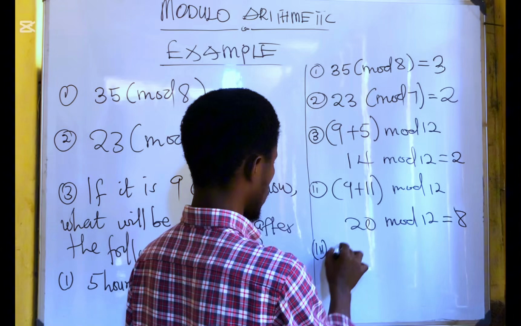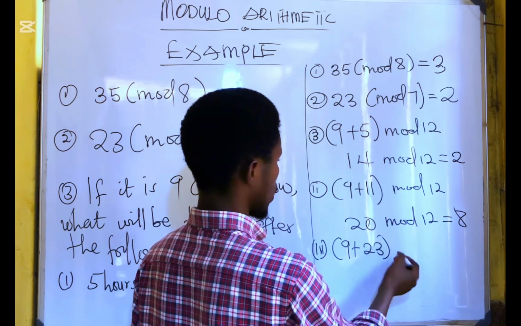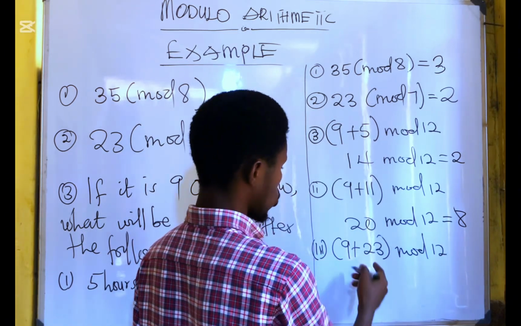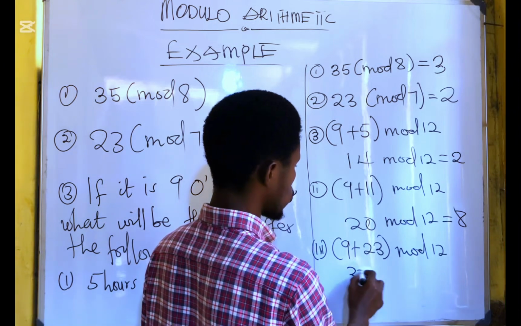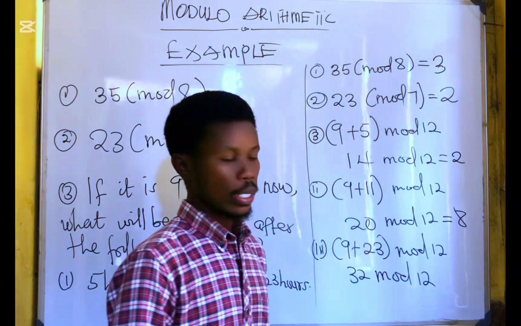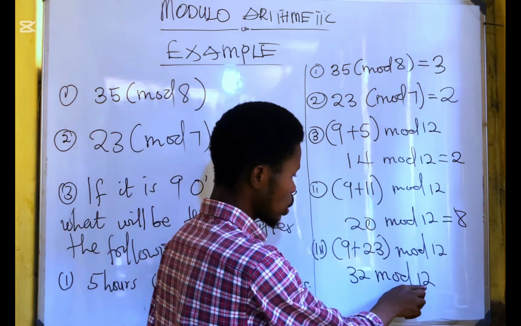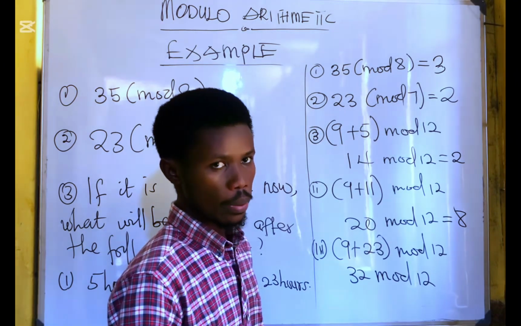9 plus 23, mod 12. So 9 plus 23 gives you 32 mod 12. Now in this case, we all know that 12 can go into 32 how many times?